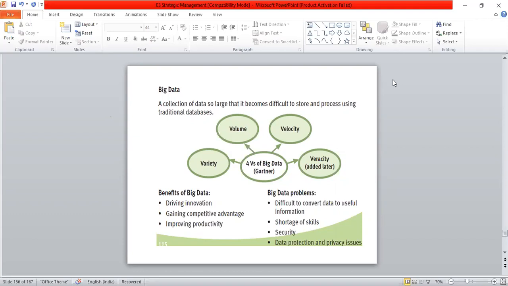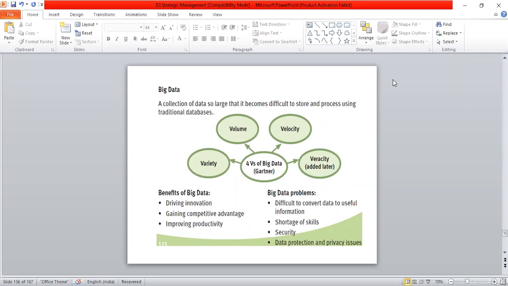When the entire data is considered, the result would be more accurate. Instead of applying the sample to the entire population, the data which is processed and the result of that would be more accurate, more valuable. So gaining competitive advantage is one advantage, and then it improves productivity.